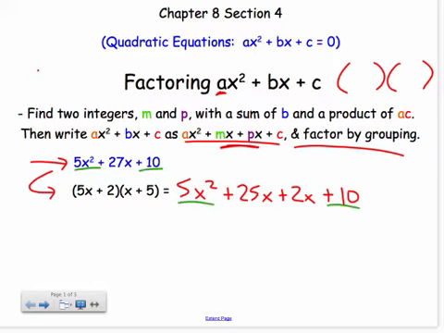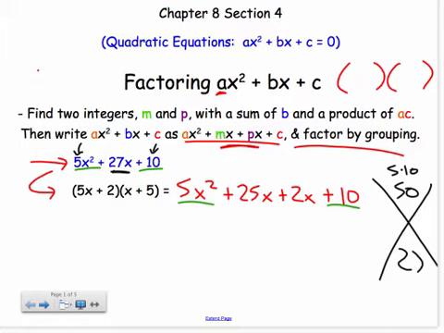If you notice, I got my 5x squared and my positive 10. Well, what happens is this b term, this 27x, we want to split that up. Like we said, we're going to take a times c now. So 5 times 10, which is 50. And then we find factors of 50 that add up to 27.